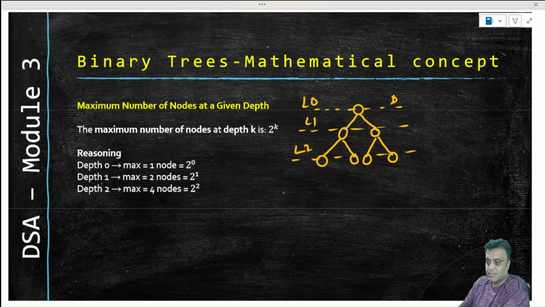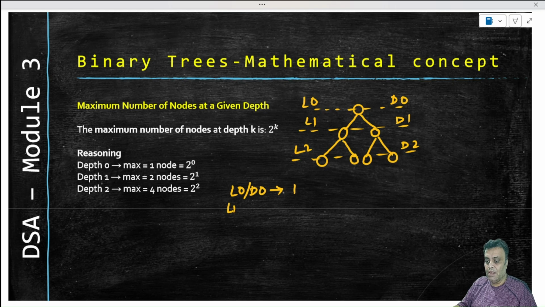Can I say this is depth 0? Yes. Depth 1? Yes. Depth 2? Yes. Because my depth and nomenclature of levels are the same, because we are starting levels with 0 index. Now, if I am talking maximum number of nodes, then at L0 or D0, how many nodes can be there? 1.